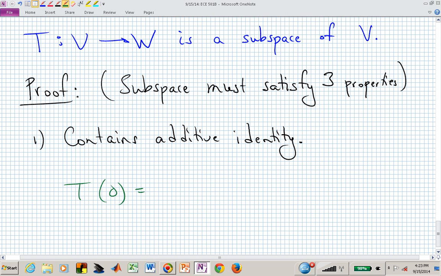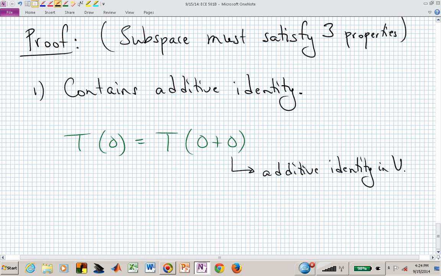So we have T of 0, but we know that we could add 0 to 0 and get 0 back. So let's do that. We now have T of 0 plus 0. This is now the additive identity in V. But by the additivity property of our linear map T, that says that we have T of 0 plus T of 0.